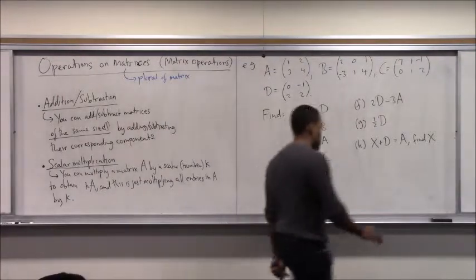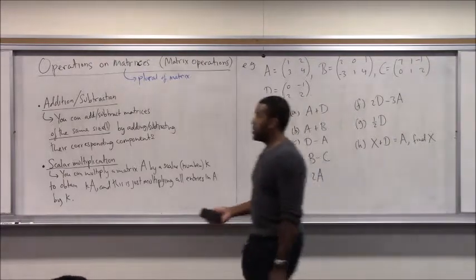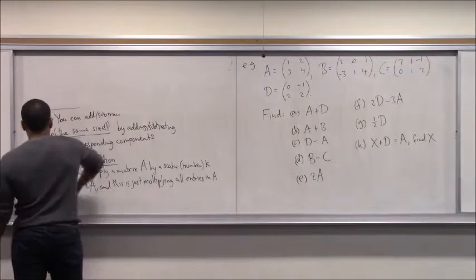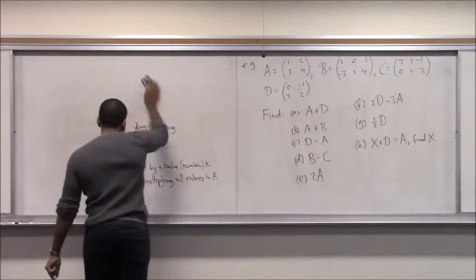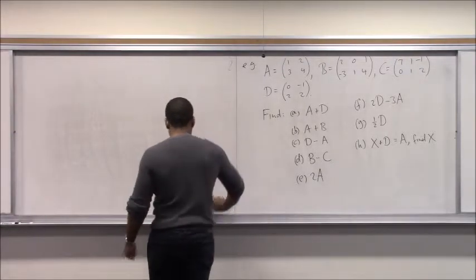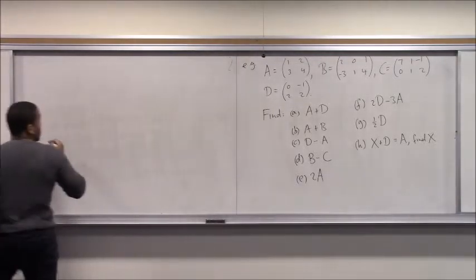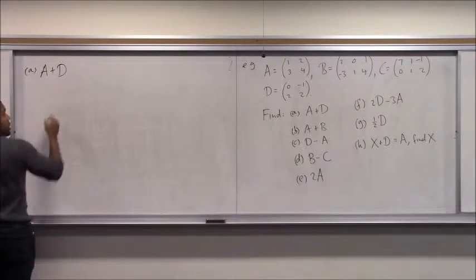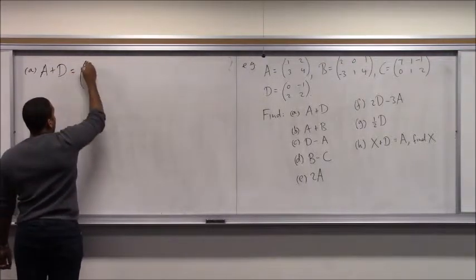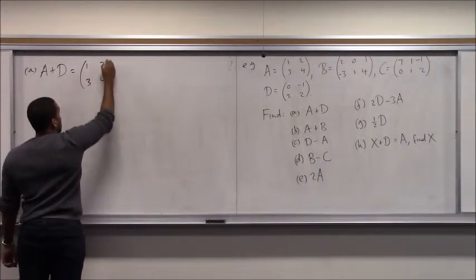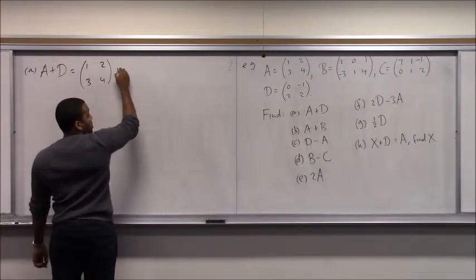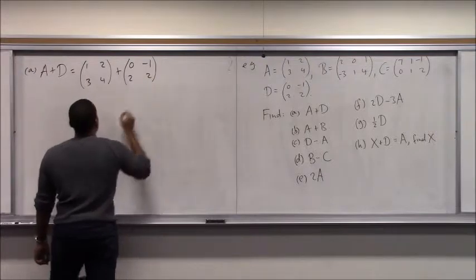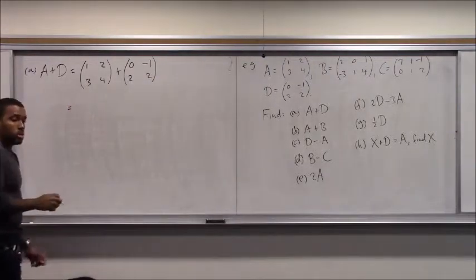So let's actually do that. Let's find A plus D, okay? So this means I want to take 1, 2, 3, 4, and I want to add it to 0, minus 1, 2, 2. And this is equal to.